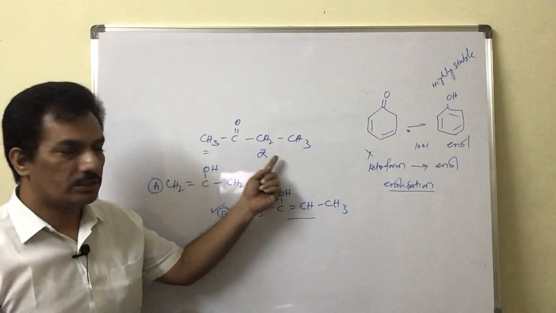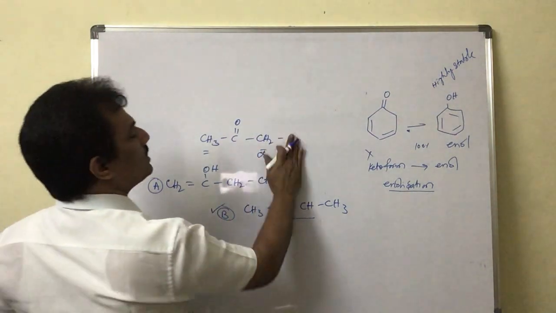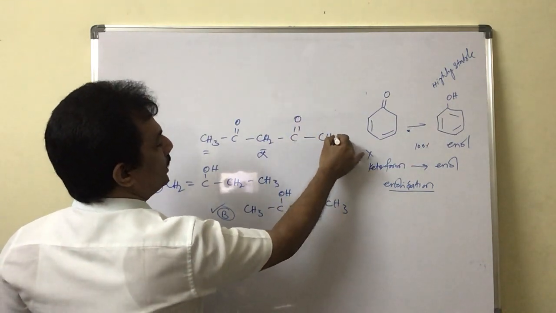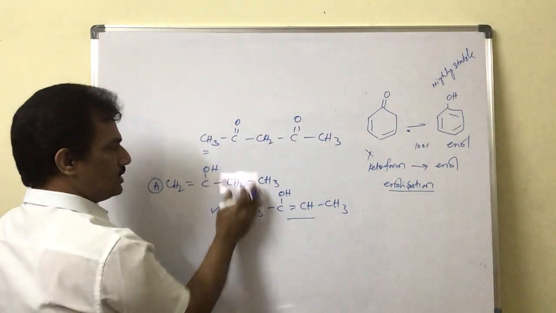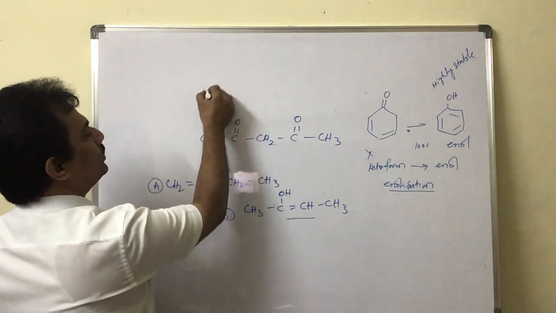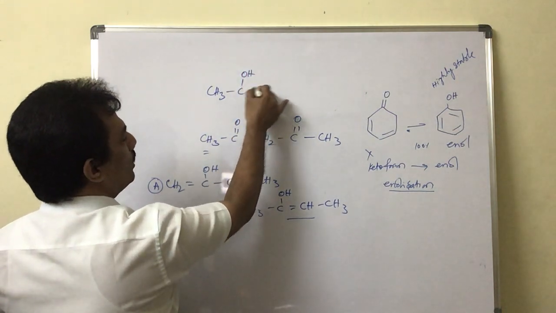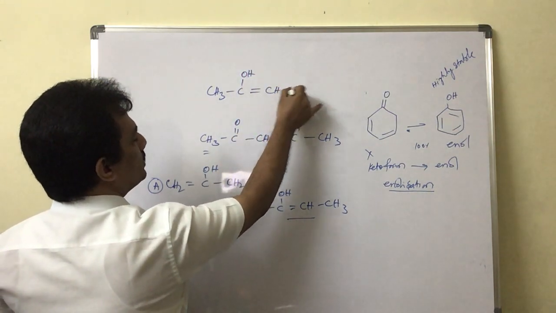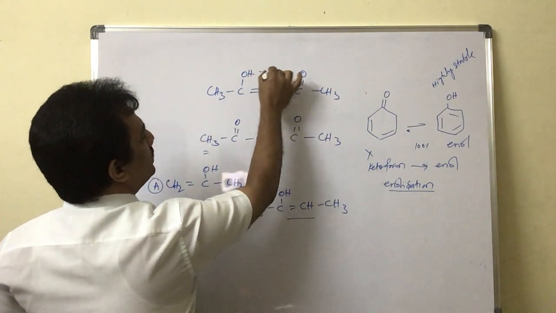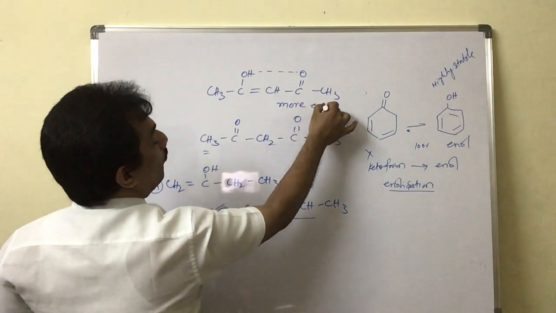Just like this they will ask the question. And one more: in case it has a double bond O CH3, when involved in enol formation, remember CH3 COH double bond CH C double bond O CH3, this forms more enolization. Why?